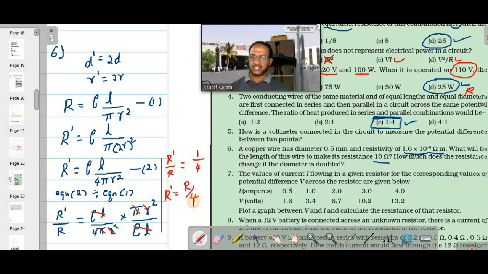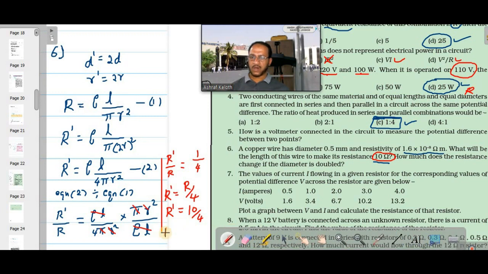So what is the new resistance R dash? This R will go to the numerator, R by 4, 1 by 4th of the initial value. What was the initial resistance? In the question it is given that initially it has 10 ohm resistance. So R dash, the new resistance, is 10 by 4.